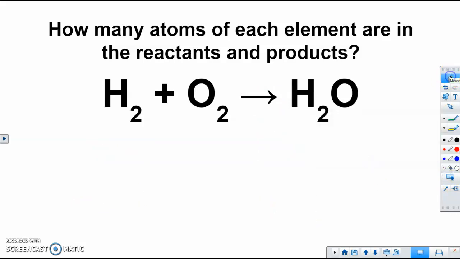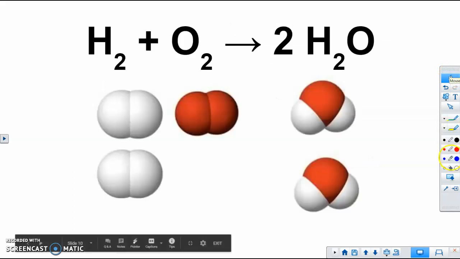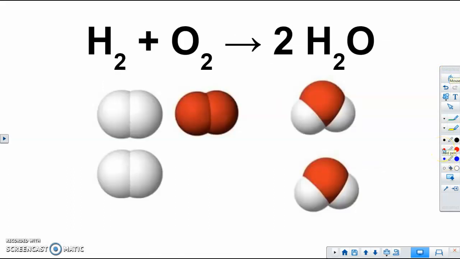So for that reason, like we talked about earlier, you'll see numbers in front of each molecule. In reality, when we react these two things together, we take 2 molecules of hydrogen gas, so 2 H2s, 1 molecule of oxygen gas, so we can just leave it as is, and we make or produce 2 molecules of water, 2 H2Os.